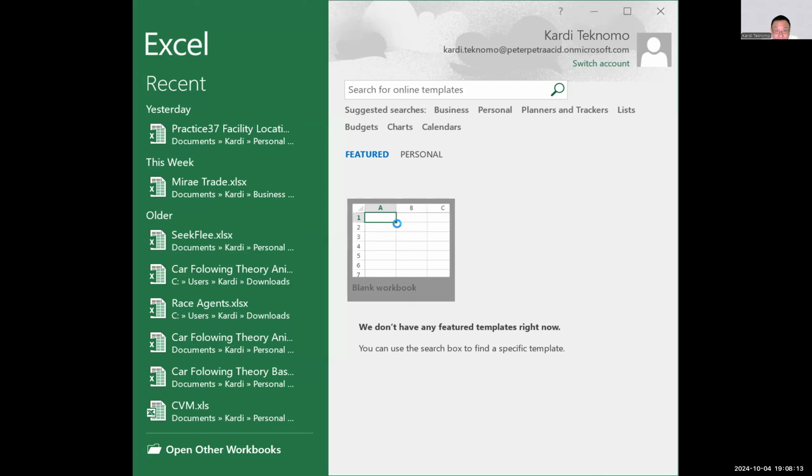So I create a new sheet. Let's start this data here. I have 2.1, and then 2.9, and then 3.2, and then 4.1 and 4.9.